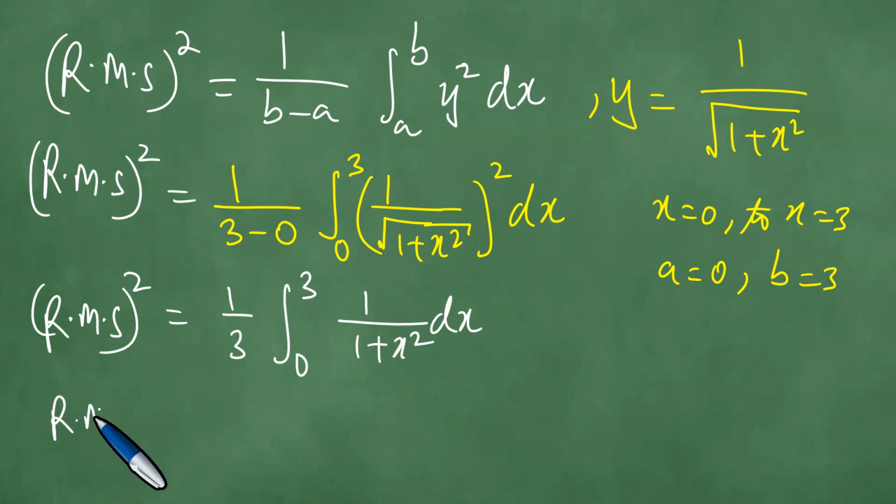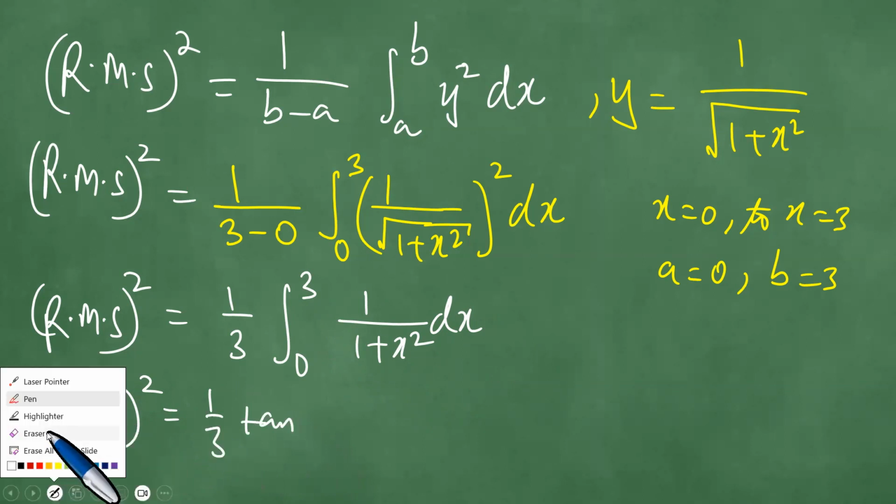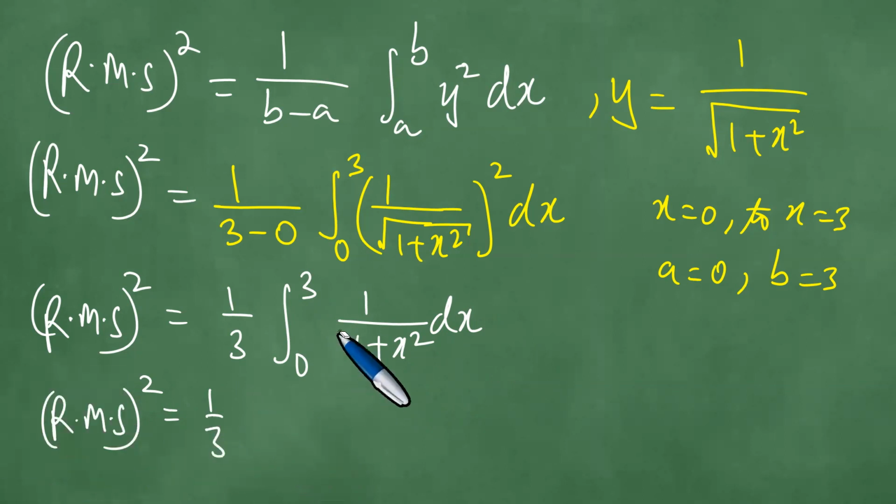It means that the root mean square is 1 out of 3, and therefore this one is arctan. The integral of 1 over 1 plus x squared is arctan of x from 0 to 3.